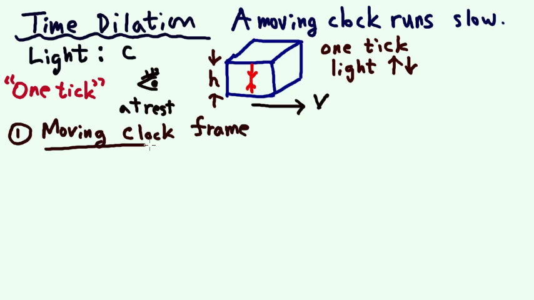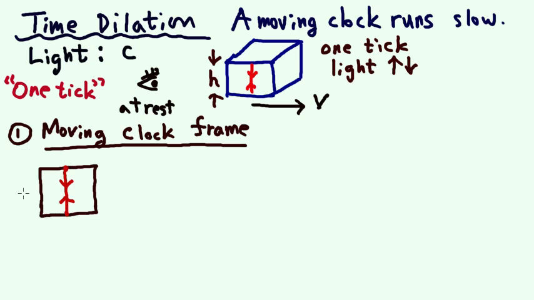When we describe this one tick event in the moving clock reference frame, it's very simple. So the clock is, of course, at rest in this moving clock reference frame. So what that means is that, well, it's just as described here. The light goes from the bottom to the top, and then it bounces back to the bottom. So that's one tick event.